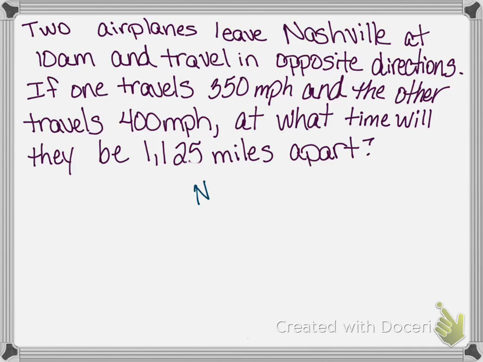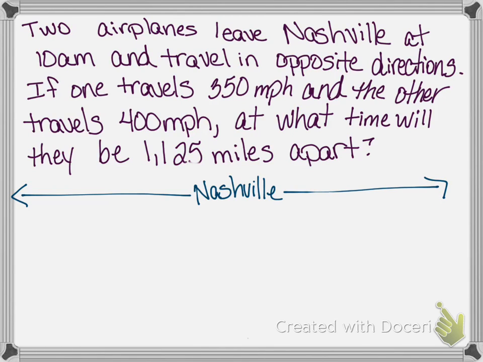So this is what's happening in this particular scenario. Here is Nashville, Tennessee. We have an airplane that's going this way, and another airplane going this way. One of the airplanes is going 350 miles per hour, and the other is going 400 miles per hour, in opposite directions.